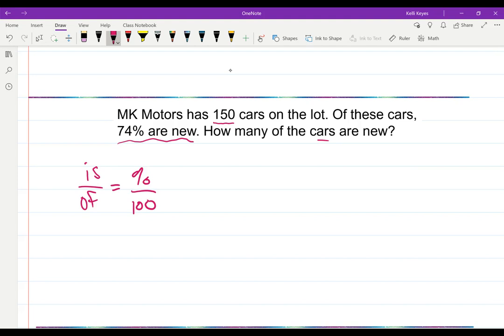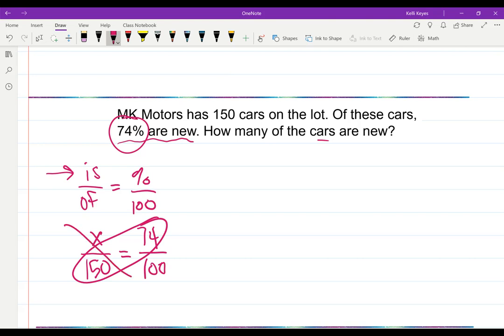So is this the whole or the part? Well, this is the total amount, right? They have that many on the lot. So that's going to be the total or the whole. And then we know this is the percent, so we know that's 74 over 100. So we're solving for the part or the is. So then we cross multiply.